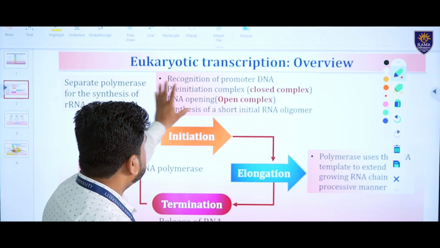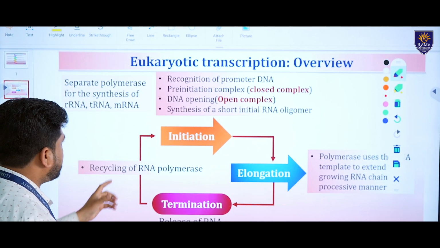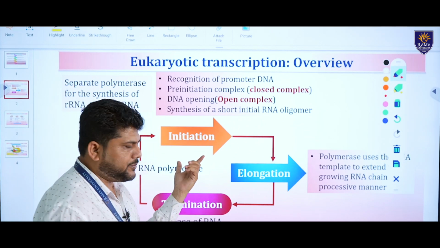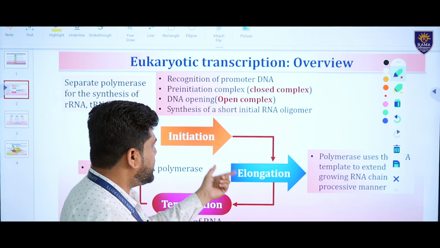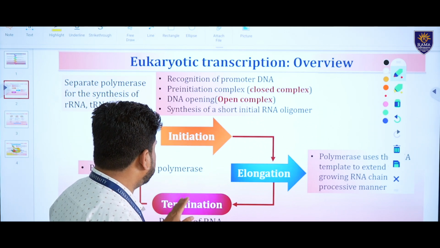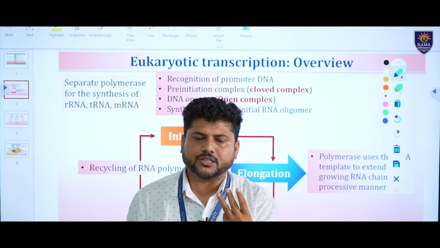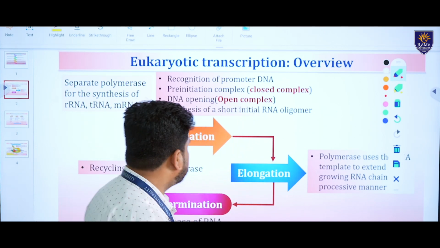So, this is the eukaryotic transcription overview, in which the first step in eukaryotes is the initiation, then elongation, and then termination. These are the three basic steps in which the transcription process completes.